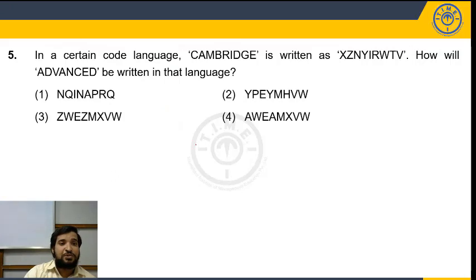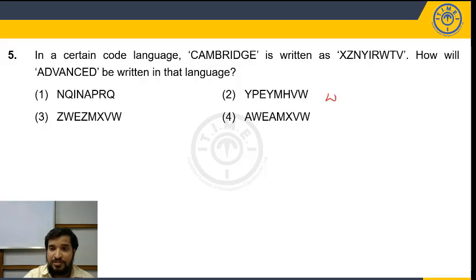Now, see the next question. In a certain code language, Cambridge is written as XZNYIWTV. How will advanced be written in that language? Now, it's a coding and decoding question.